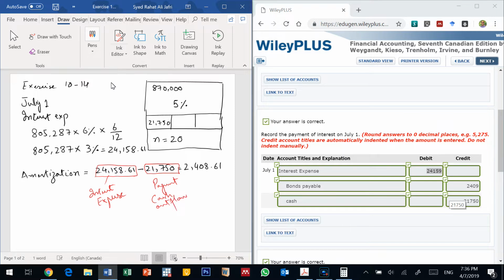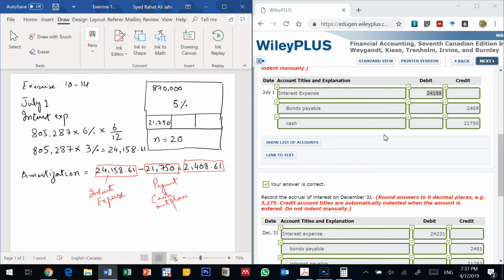And this is my amortization. And amortization in this discount bond is increasing the carrying value of the bond. So I'm crediting bonds payable by 2,409. If it were a premium bond, I would be debiting bonds payable by some amount, which is the difference between, again, this interest expense and the cash payment. So that is the second part of the bond problem that we are dealing with.